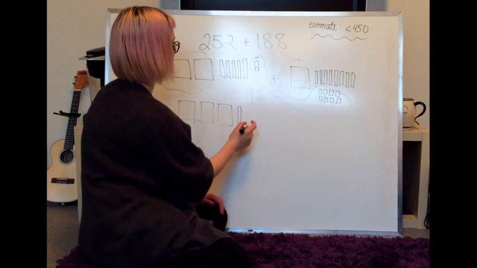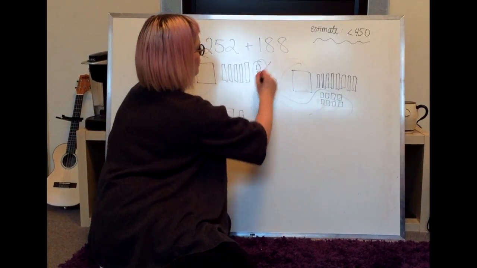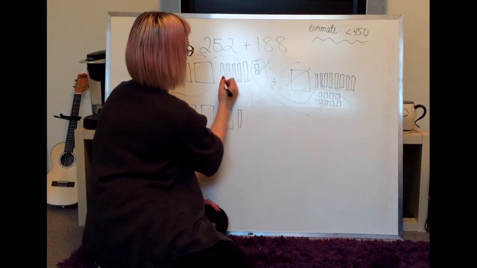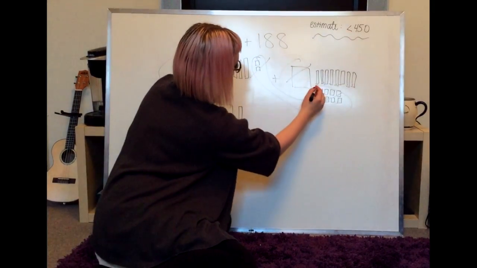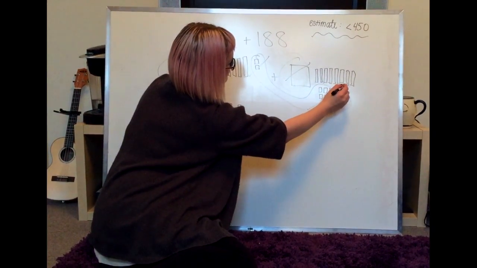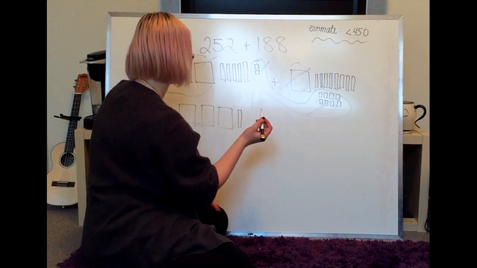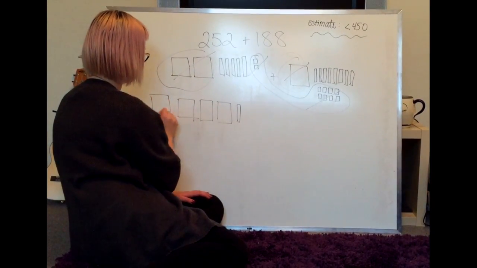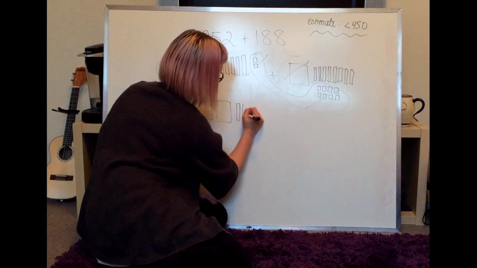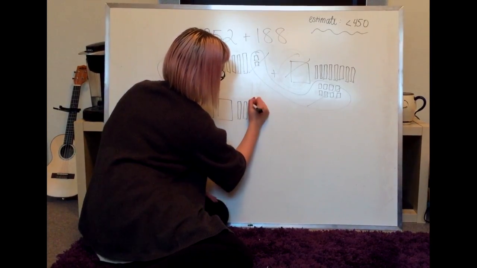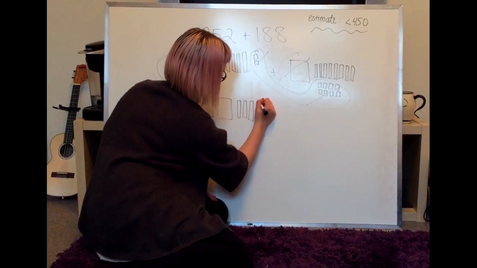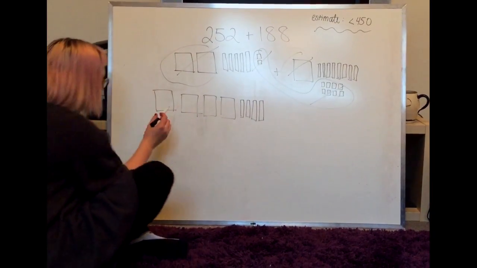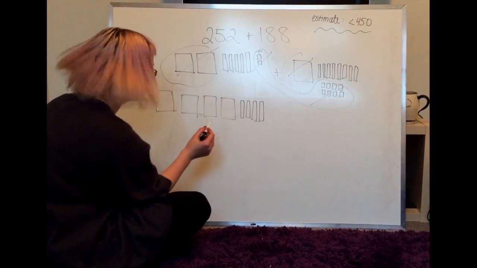So that's come over here. I'm going to cross those out because we've already dealt with those, and then we've got to deal with our 10 rods. So I've got 1, 2, 3, 4, 5, 6, 7, 8, 9, 10, 11, 12, 13 right now. So I can trade that for 1 more flat, and then we will have 3 extra 10 rods. That would give us 1, 2, 3, 400.